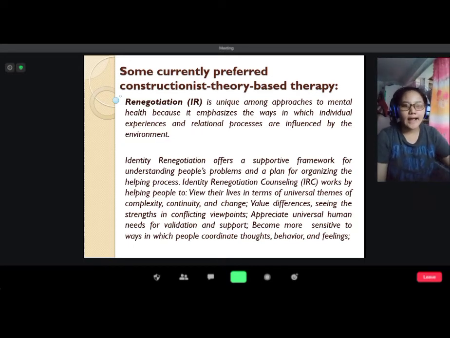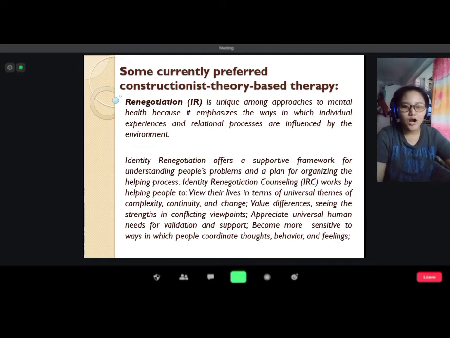According to my understanding, identity renegotiation holds that everyone is capable of change, and change can be coordinated with our families, loved ones, employers, and others.